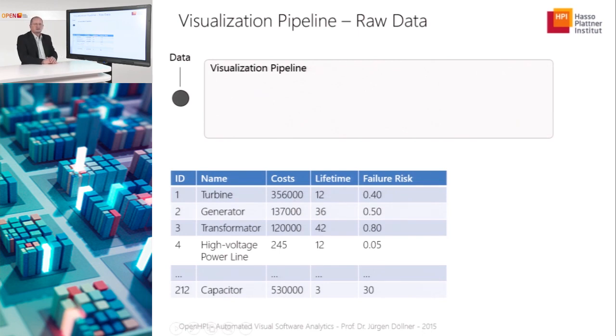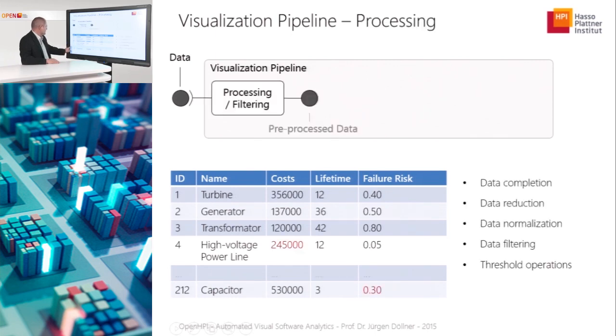The visualization pipeline now is a generalized model of how we transform data into something that can be perceived by humans. In the first step, we process and filter data. In this example, we replaced some obviously wrong entries according to rules or according to our experience.